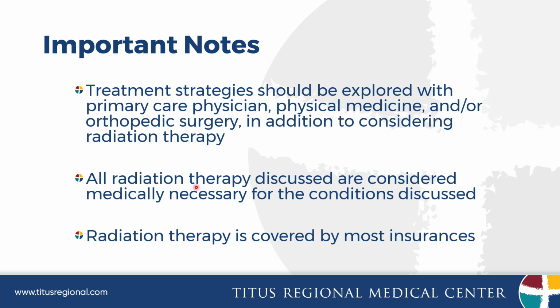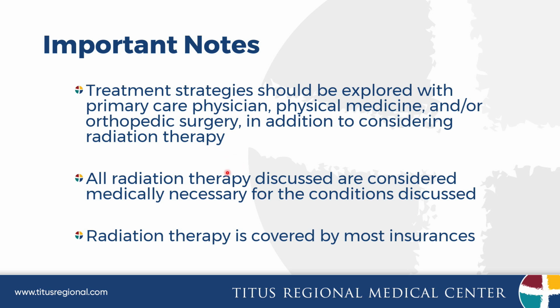Now, there are some important notes. One thing that is important here is that for most patients, we do want a multidisciplinary approach. So when we talk about treatment strategies, it is important to not just consider radiation therapy, but that there should be a discussion with the primary care physician, someone in physical medicine, and orthopedic surgery so that a patient can have a well-balanced discussion on what is the appropriate treatment for them.